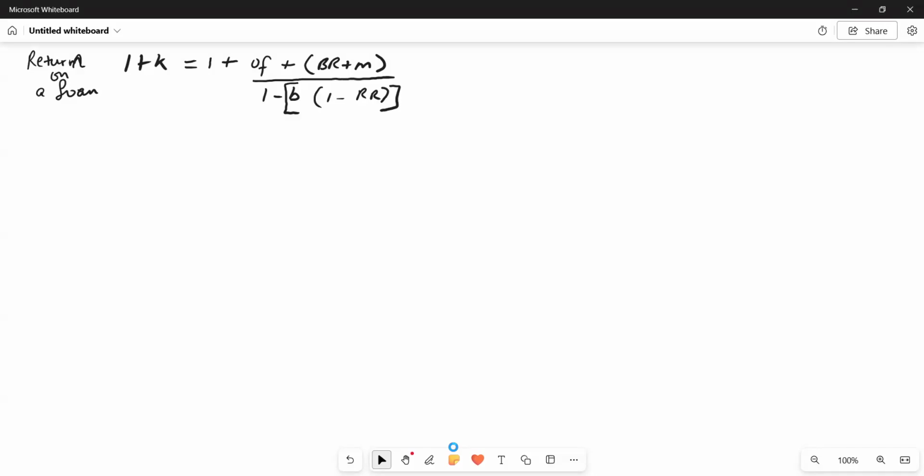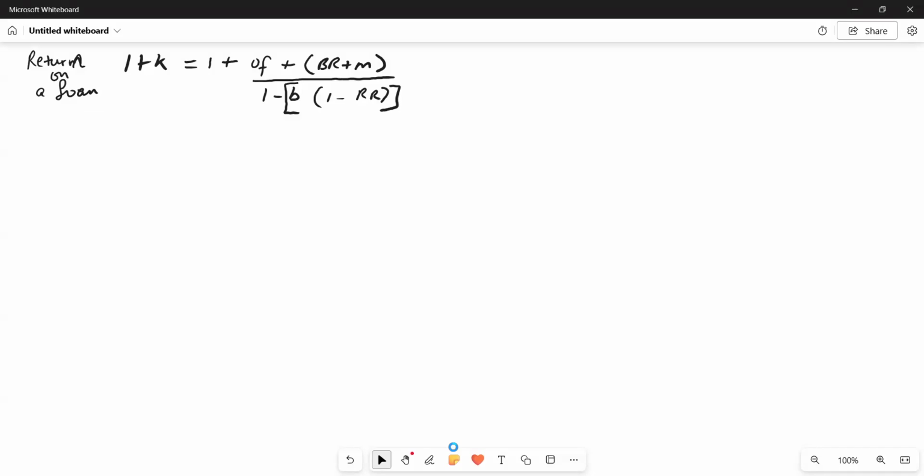And so the loan rate on a loan is 14%. So you have in this example, a prospective loan at 14%. So the base rate is 12%.